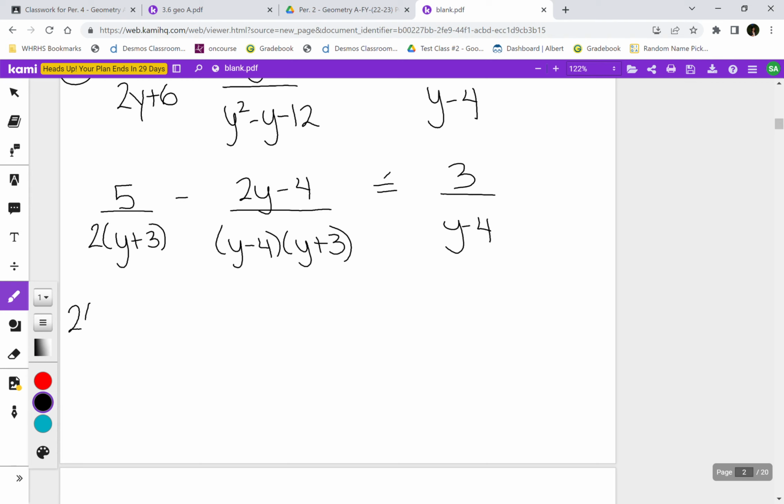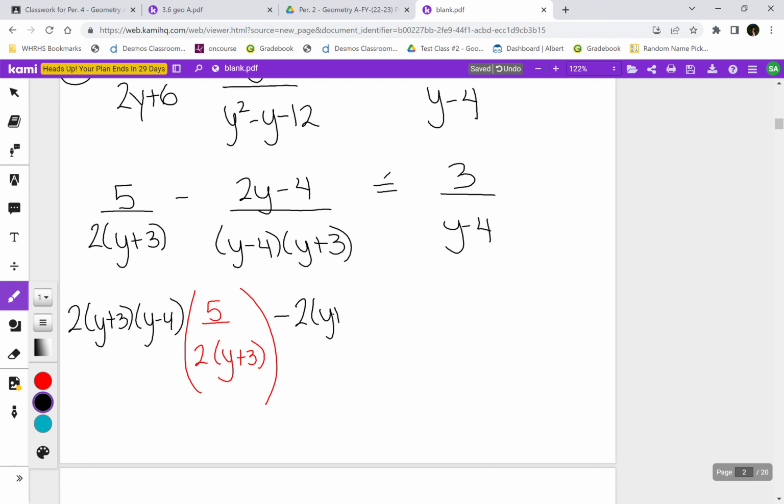We got 2, y plus 3, y minus 4, times 5 over 2 times the quantity of y plus 3. Then we have a minus sign. I'm going to multiply again, 2 times the quantity of y plus 3 times the quantity of y minus 4 times 2y minus 4 over y minus 4, y plus 3.